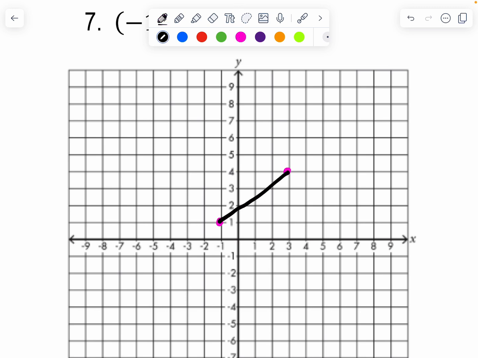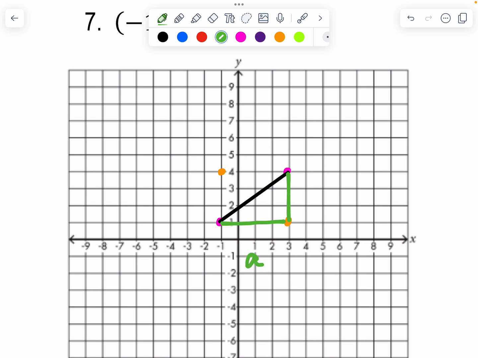Connect the dots. Now I have to create a right triangle out of this. So I could either go at 3, +1, or I could go at -1, +4. Going to go with the first one.